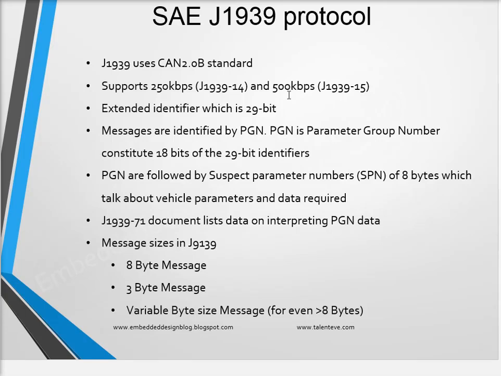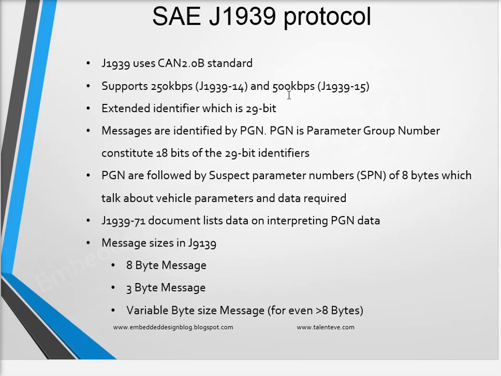So this 29-bit identifier is the important one which determines different factors in the J1939 communication. So this is what determines what is the packet. This is what determines the other parameters of the packet. So the user, when he receives the J1939 packet, he analyzes this 29-bit identifier to determine what is the kind of data that is being received.